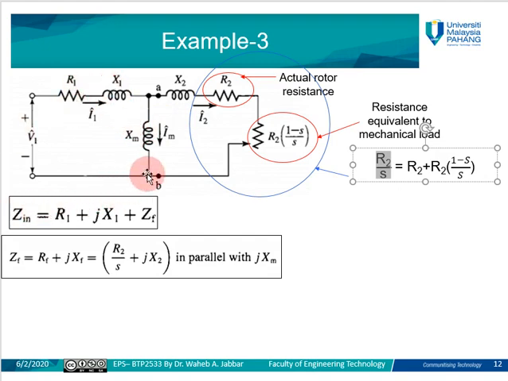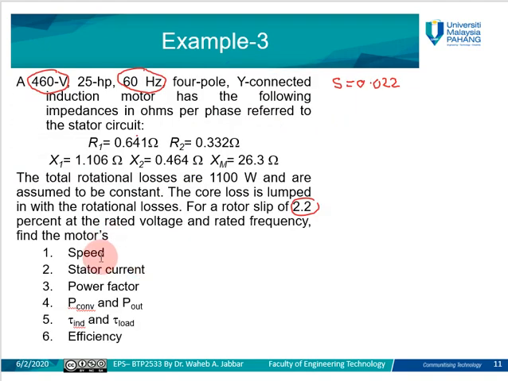Okay, so if we want to find the speed of the motor here, the first part, which is the speed, you just need to use the formula of the speed, which is Nm. You can see here Nm equal to 1 minus S times Ns.